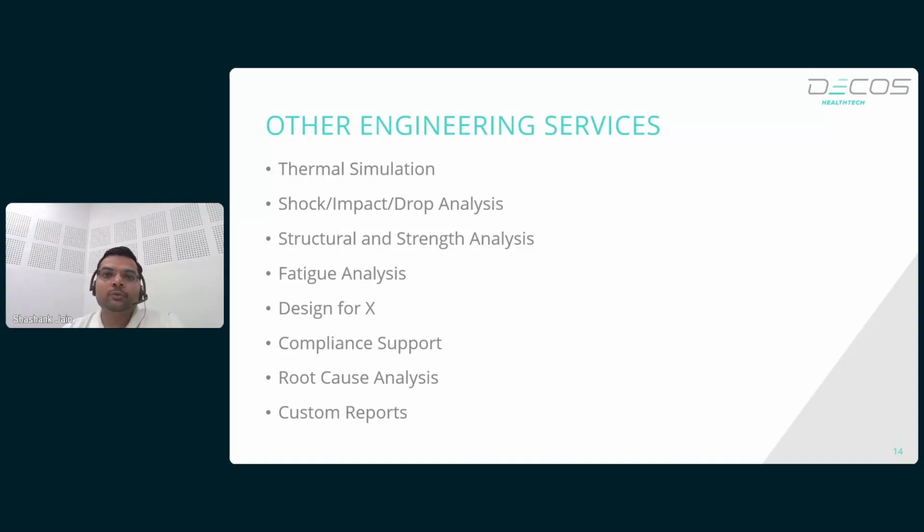We can also help you organize and walk with you during the design for X reviews for a particular product, for a particular application which you are working on, to understand the design from different parameters: manufacturability, maybe affordability, assembly, etc. Correct? We can also help you to create custom reports as well. Mind you, this is not the complete list of services which our organization provides, but this is with respect to the mechanical team.